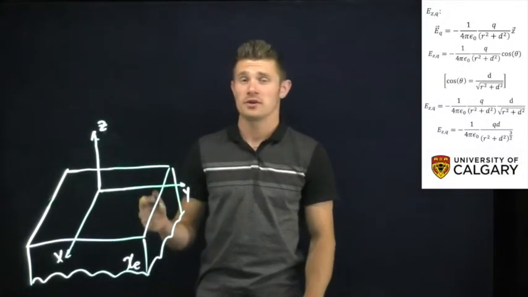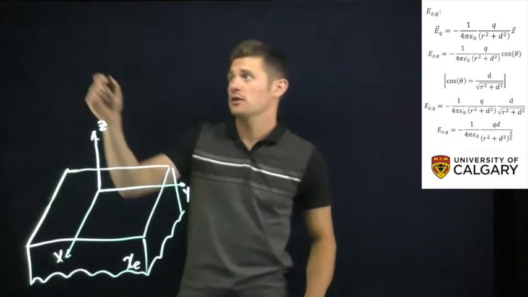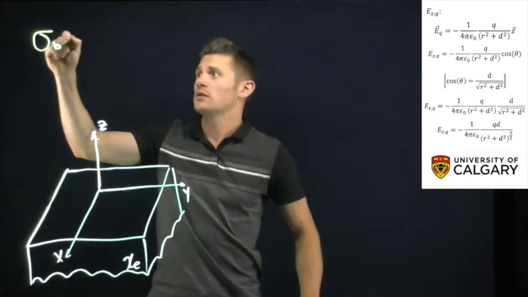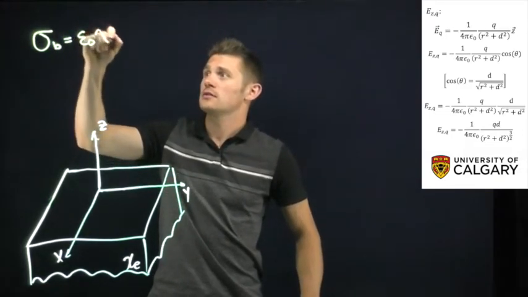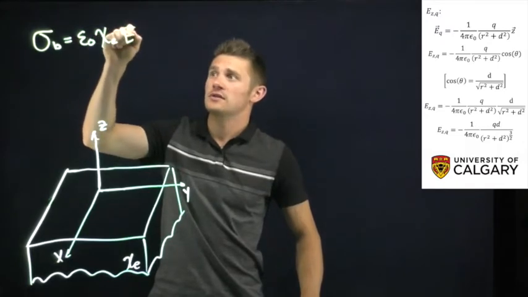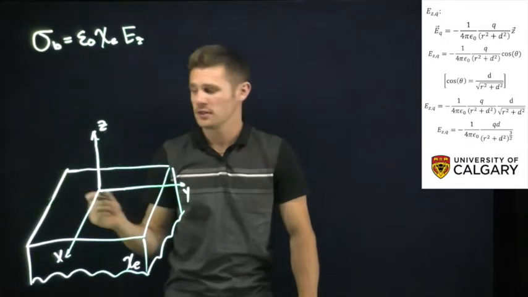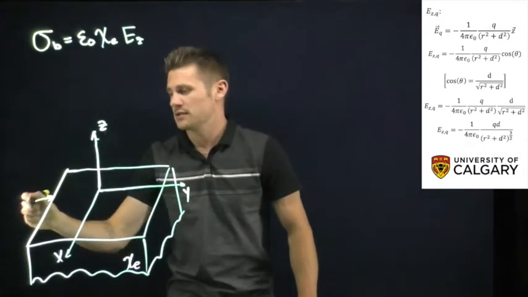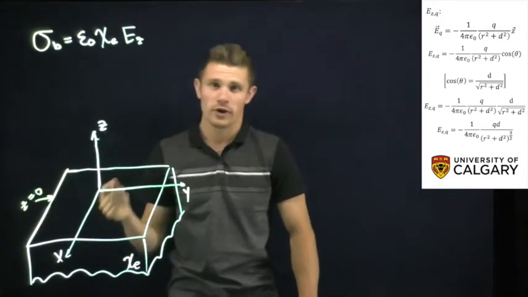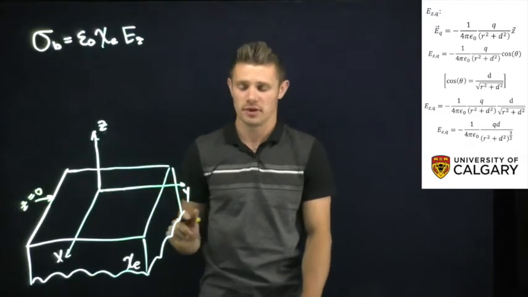So we'll start by finding the induced surface charge on this dielectric. Of course, sigma b is equal to epsilon naught chi sub e times the z component of the electric field. This z component of the electric field is that which is at z equal to 0, right where this dielectric starts in the xy plane.